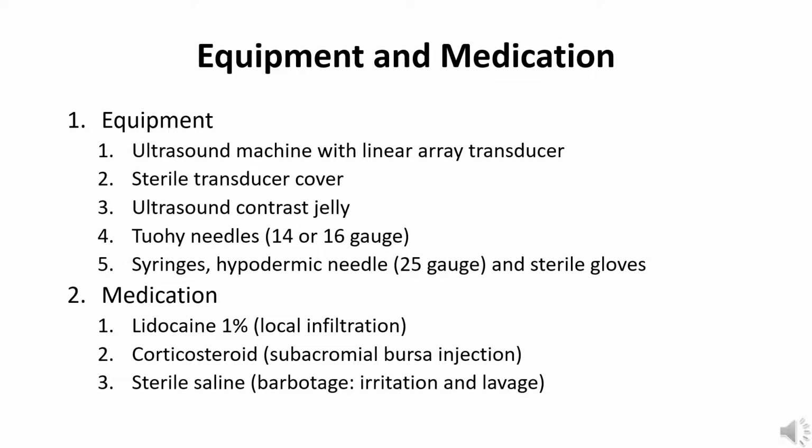You also need to have syringes, hypodermic needles, and sterile gloves, of course. Medication, I typically use lidocaine 1% for local infiltration, and you will need also corticosteroids to inject into the subacromial bursa, and sterile saline for barbotage.